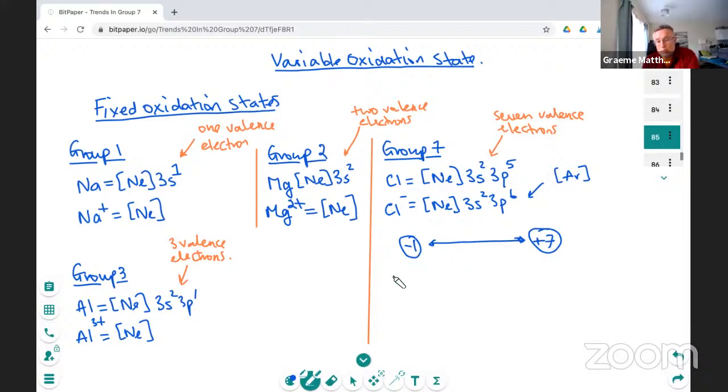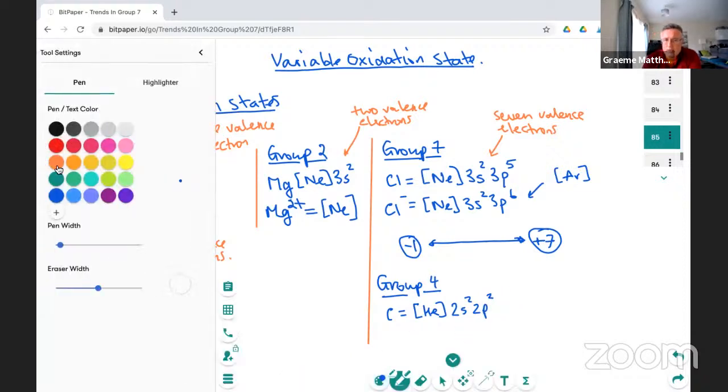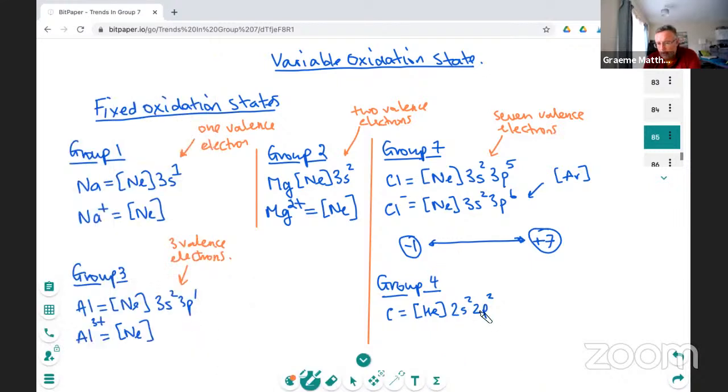All right, so for example, another one. I'll do one from group 4 because I think you can see where I'm going now. All right, so look, on group 4, chemists, carbon. Carbon is helium 2s2, 2p2, right? Doing all this from memory because I don't have a table right here. And so are you seeing that you can gain 4 valence electrons.